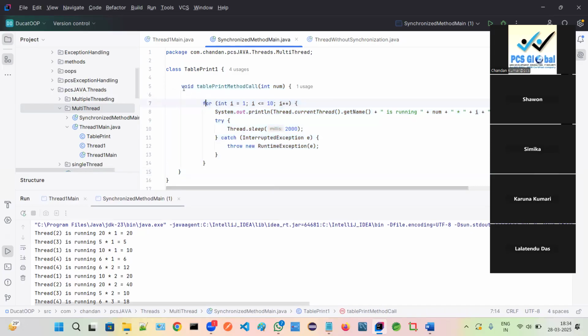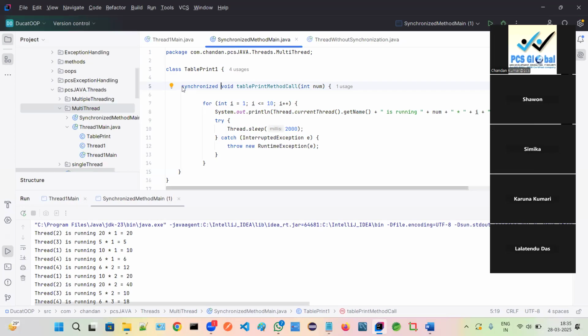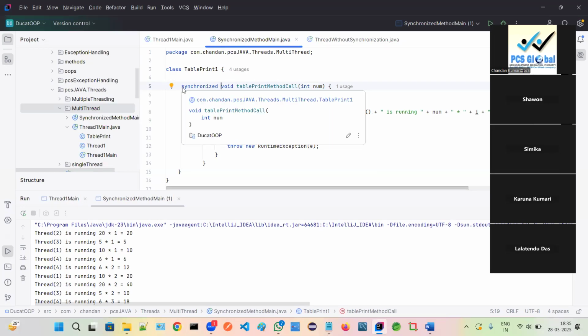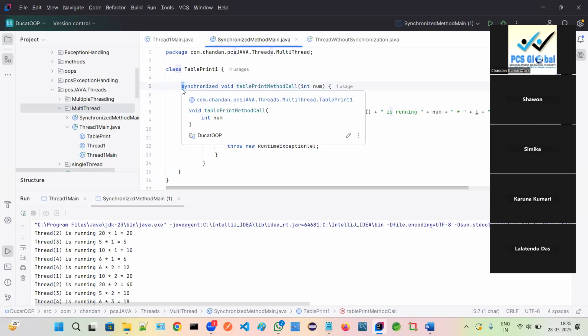Means it is locked. After making it locked, the thread that locked this method has already gone inside, so the key is not available outside. Other threads come and try to access it, but they find it locked.